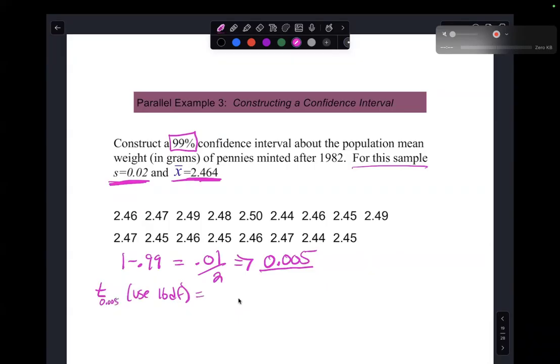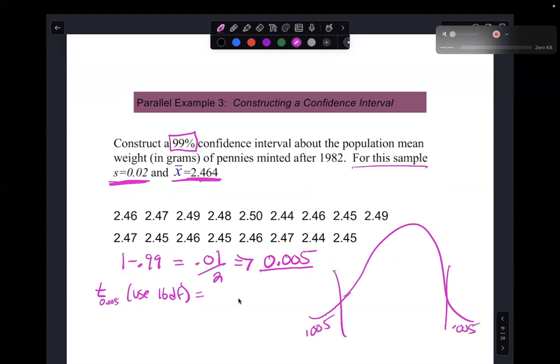So we're no longer using the level of confidence when you see the 99%. I'm taking the area in the tails. Instead of using inverse norm with 0.995, I'm going to use the t-value because the area in my tails is 0.005.